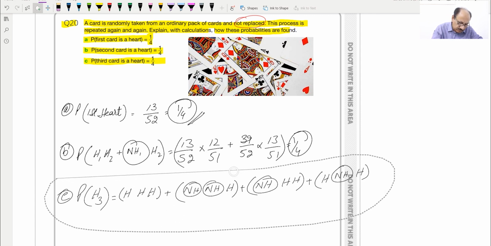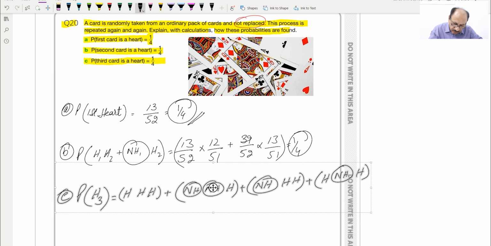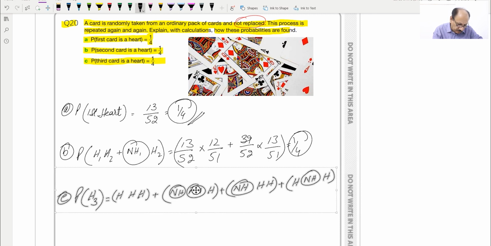So I will adjust the size, and then we will be writing the probabilities. And probability for first heart is 1 by 4, which we have already calculated for first heart in part A. Now for second heart, second also heart will be what?